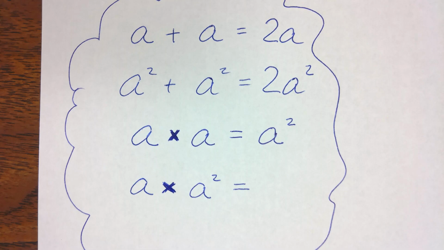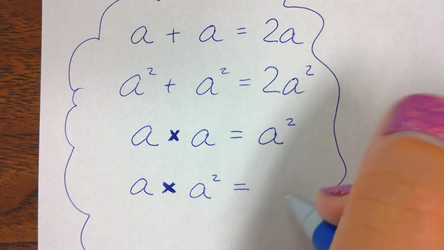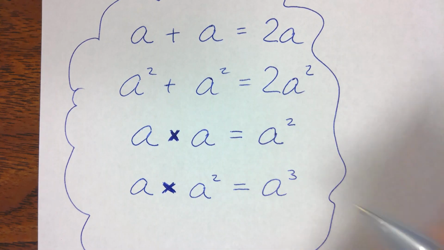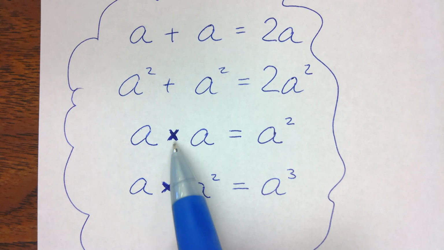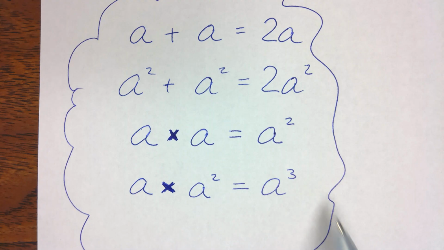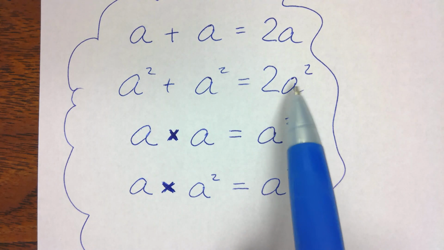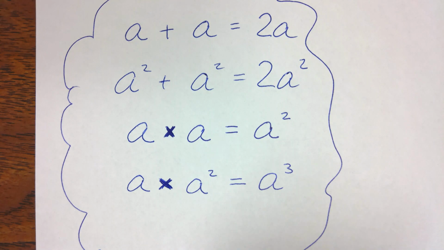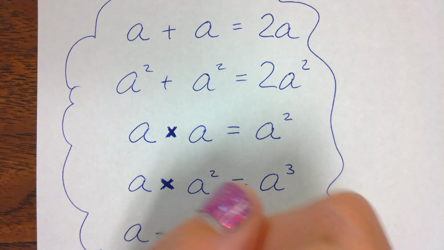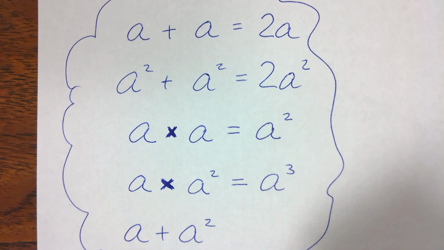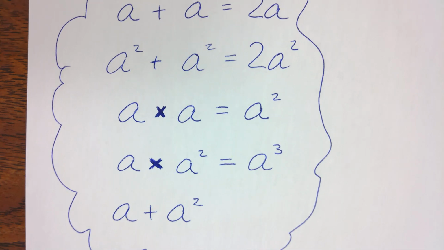What does this become? Yep, a cube. So again, when you multiply, that's when it becomes something else. When you're adding and subtracting, you keep it the same type. Okay, one last one. What is this? A plus A squared.